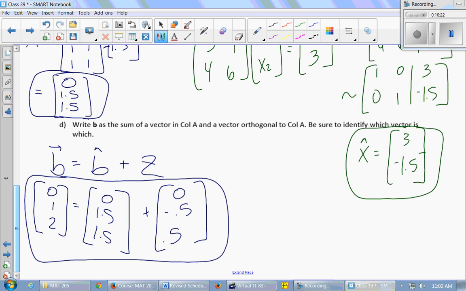They definitely add to B. Are they orthogonal to each other? If you take the dot product of B hat and Z, you do get 0. I was figuring out what to put in Z to make it so that when I add it to B hat, I get the vector B. So I asked myself, 0 plus what gives me the 0 in the B vector? 1.5 plus what gives me 1 from the B vector?